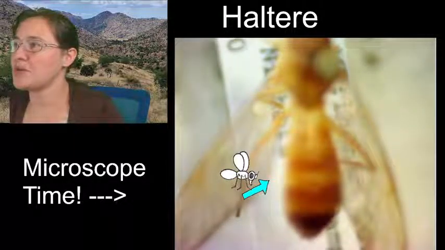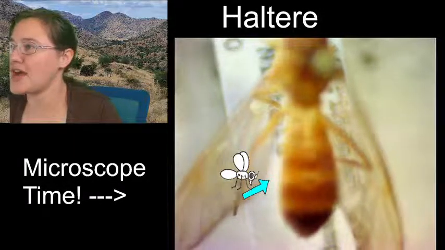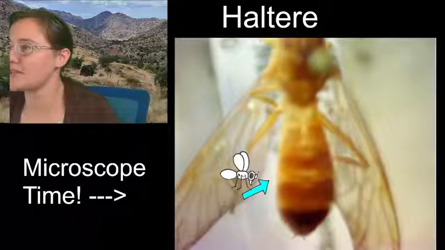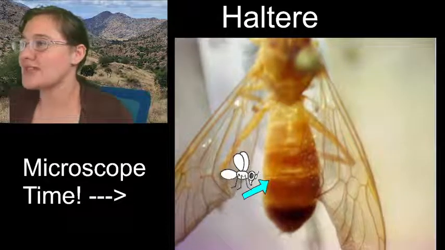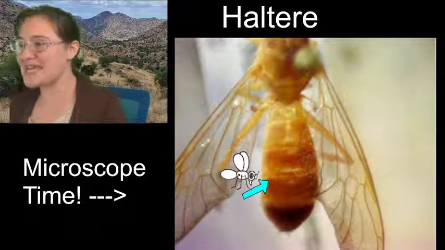I'm going to change our word back to soldier fly, just so if somebody shows up and is hanging out with us, they know what we're sketching. It is in the family Stratiomyidae.